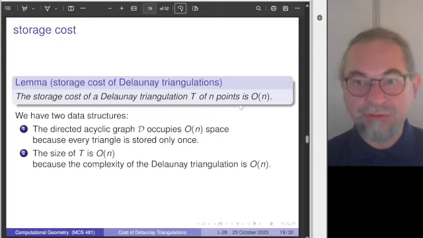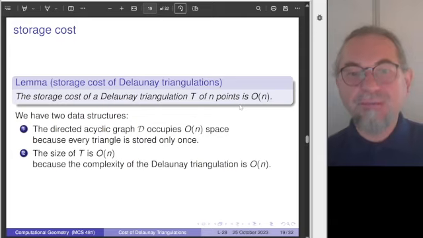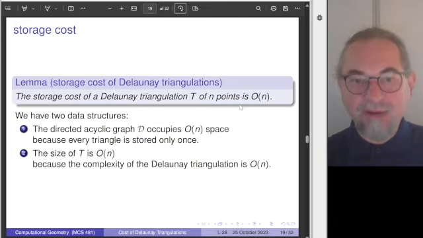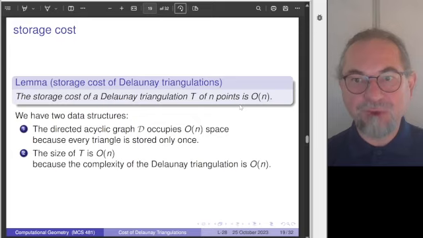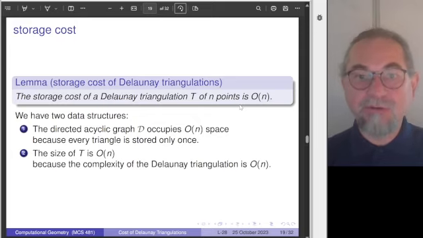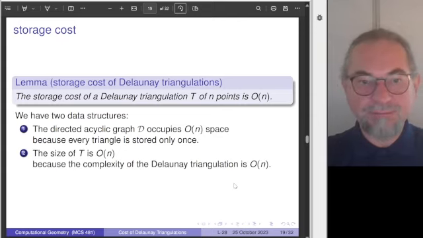So it's not a tree, although we can treat it a little bit like a tree, but we store every triangle only once, and the number of triangles is linear in the size of the input. That's the first complexity theorem that is applied here, which we proved in an earlier lecture. The second point, the size of our triangulation, is also linear. Okay, that was good.